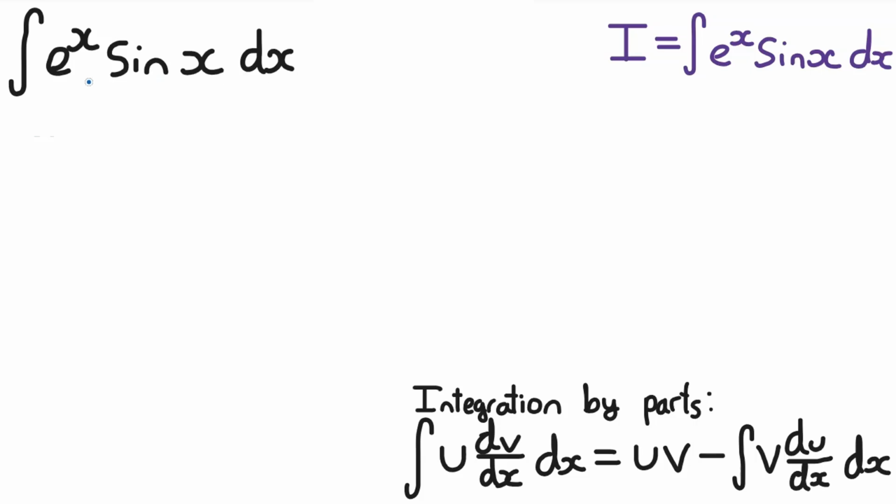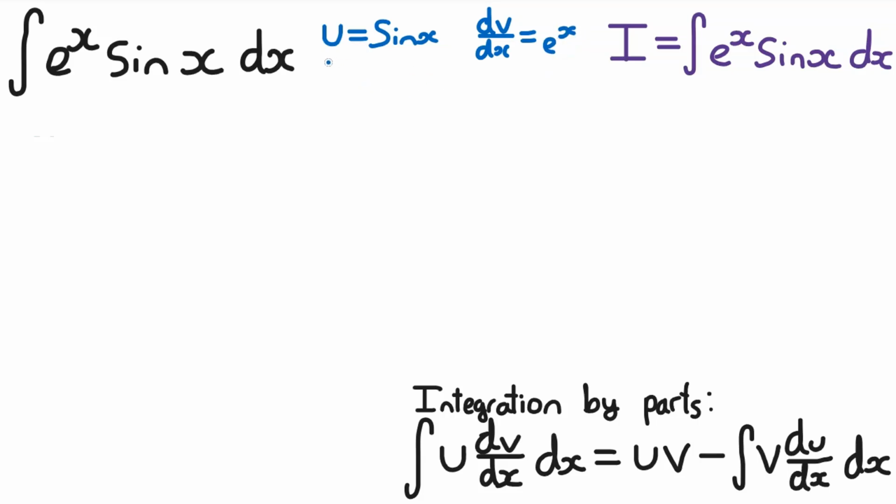Okay, so if we do this, we can do integration by parts because we have two functions multiplied together. So which one do we call u and which one do we call dv over dx? Well, in this particular example, it doesn't actually matter which one you call u and which one you call dv over dx. They'll both lead to the same conclusion and the same problem. So let's just say that u is equal to sin x, and therefore the other function, e to the power of x, is equal to dv over dx.